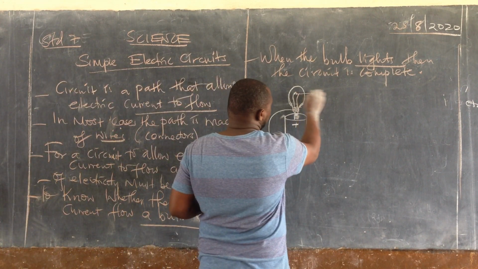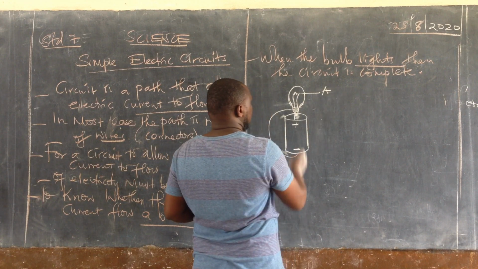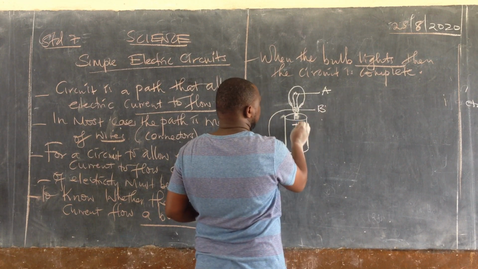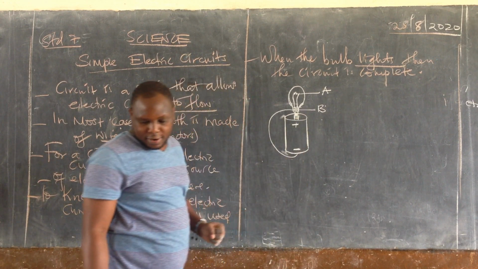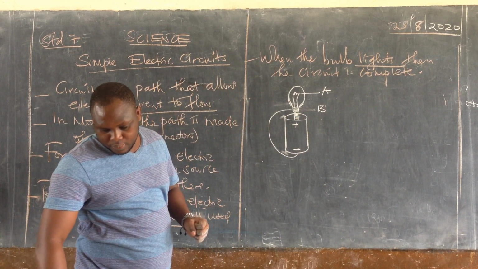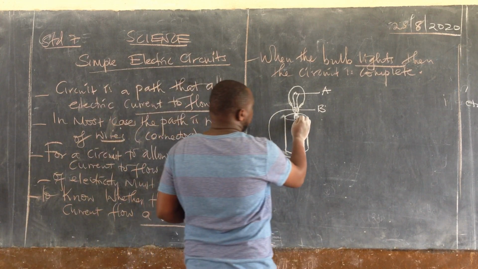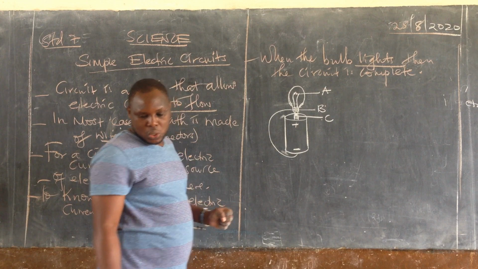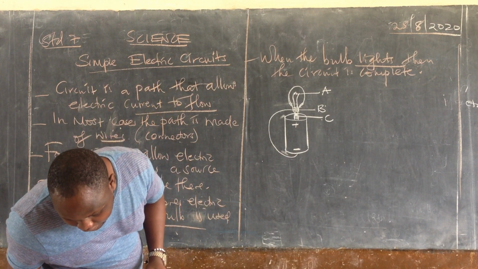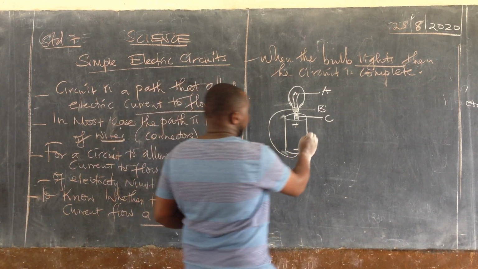So we have part A, part B, C, and then of course we have D, that is going to be here.